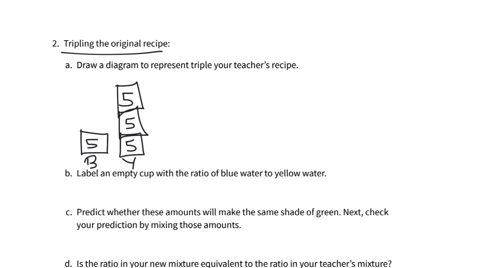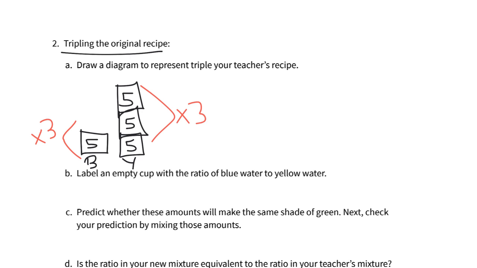If we're going to triple it, we're going to have 3 of these blocks for blue, and then 3 times as many yellows. So we're going to end up with 9 units of yellow, and 3 units of blue because we want to triple. So we want to triple this times 3, and we want to triple this times 3.